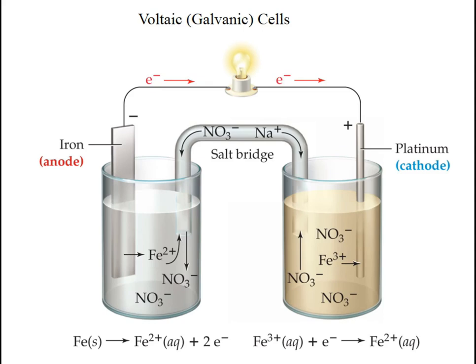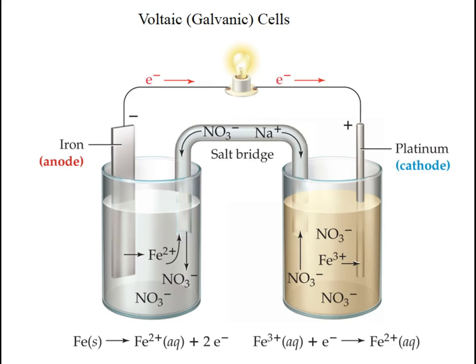And so in a situation where you do not have a solid metal, then what we use instead is platinum as the metal that would accept the electrons and then release them to the iron 3 to form iron 2 to allow for the reduction to take place.